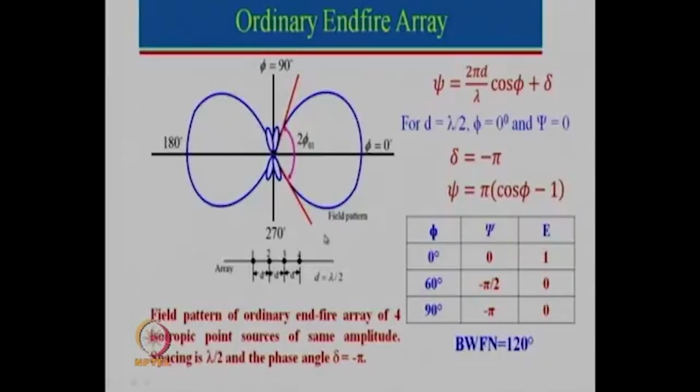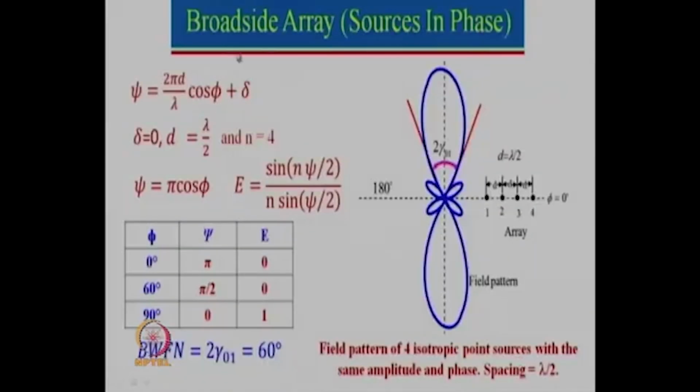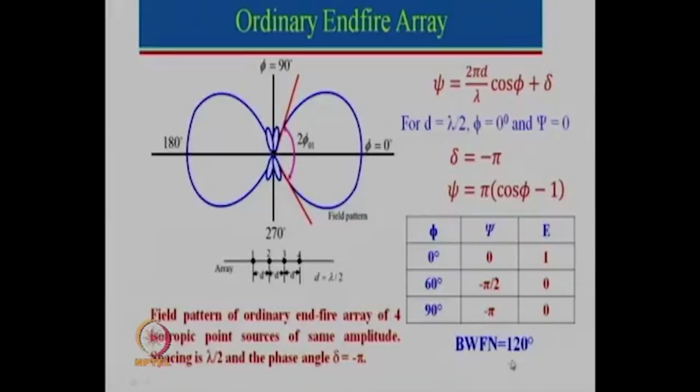If we now see the beam width between the first nulls, it is given by this particular angle here, which happens to be 120 degree, and that actually is much larger. If you compare this with the broadside array, the beam width between the first nulls was 60 degree, now it is 120 degree.